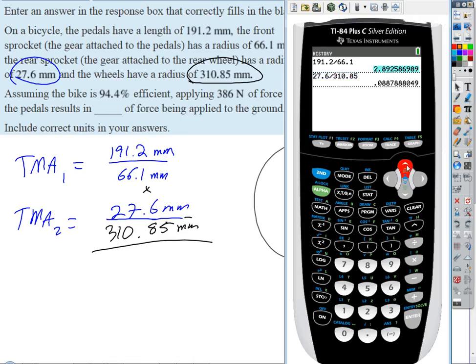So the first mechanical advantage times the second mechanical advantage gives us a pretty small mechanical advantage, 0.25 something.